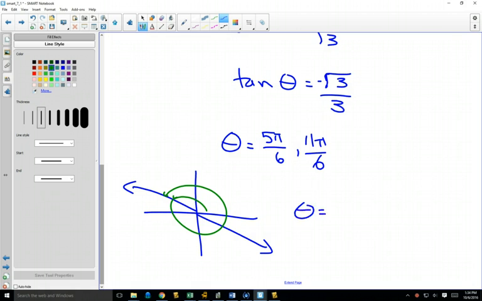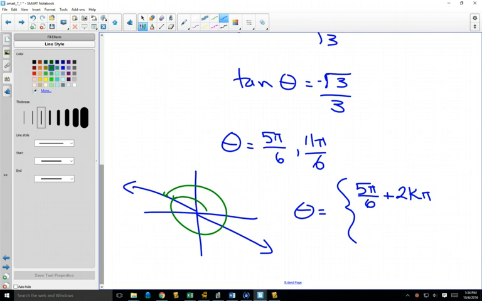So we can write it as, and sometimes when you write two different answers, you can put a big squiggle bracket like this. One answer is 5 pi over 6, and then, now, we've always written 2 pi times k. This is the same thing, but generally, for whatever reason, pi is written at the end.